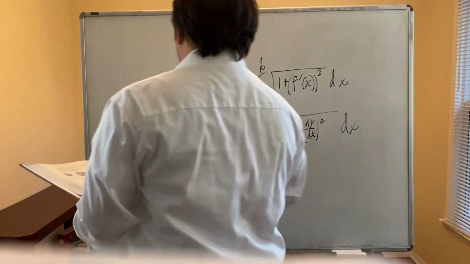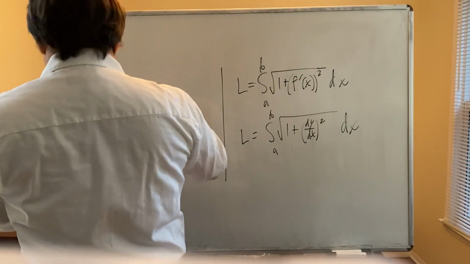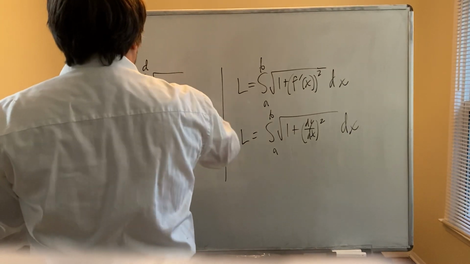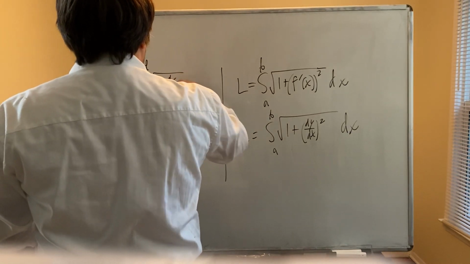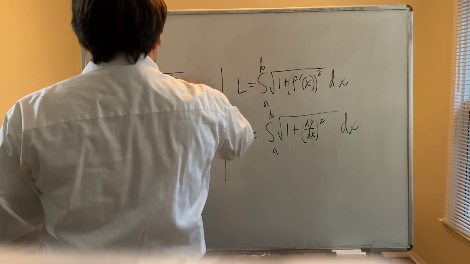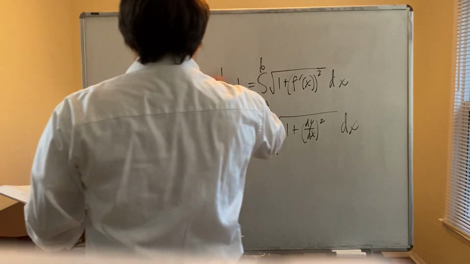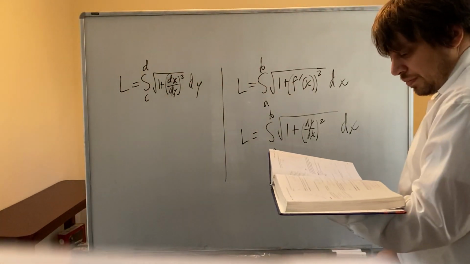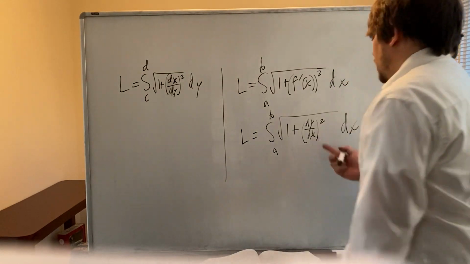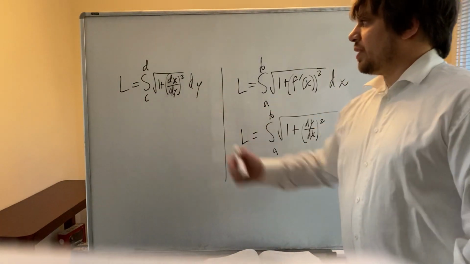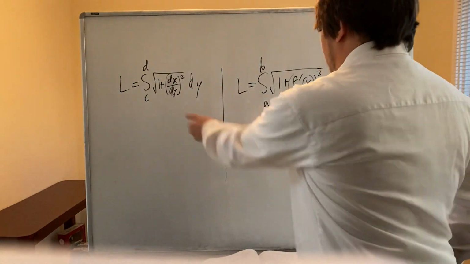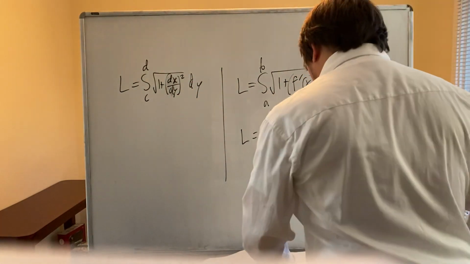You could also use the arc length formula for integrals with respect to y, and that would be the definite integral from c to d of the square root of 1 plus dx dy squared dy. Alright? And so you could either have it like this or like that. And I'm using Leibniz notation to express that one also. I find Leibniz notation better for this.